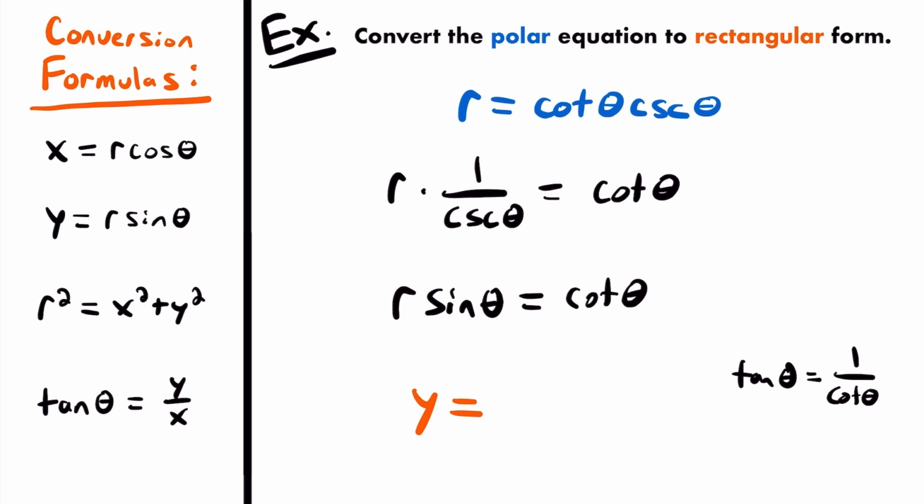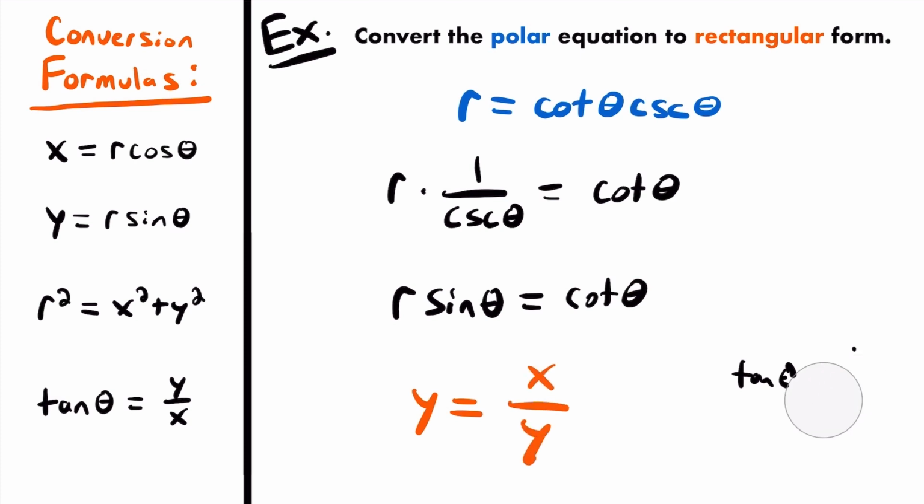So all we have to do to find cotangent theta in terms of x and y is find the reciprocal of what tangent is equal to. We can just flip the numerator and denominator of this fraction. So if tangent theta is equal to y divided by x, then cotangent theta will be equal to x divided by y. So we can replace cotangent theta in our equation with x divided by y.